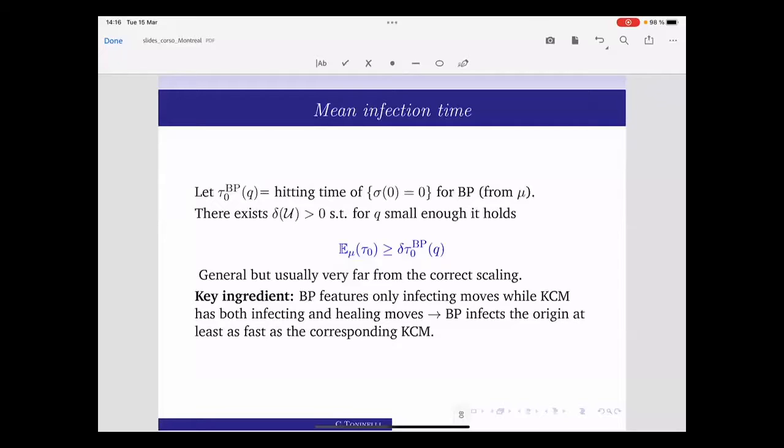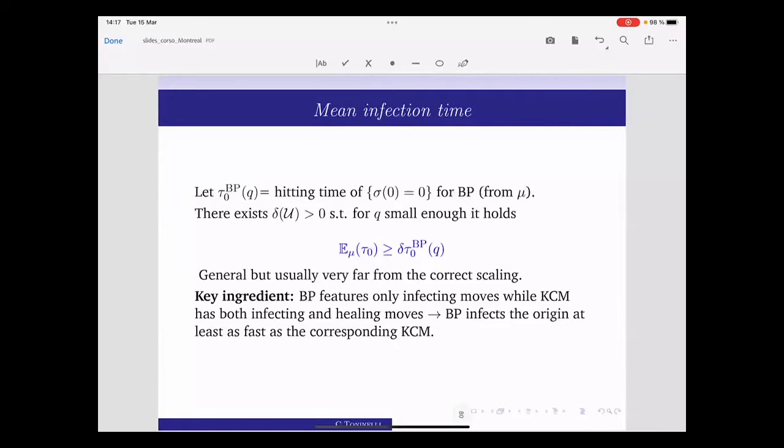So if I start from the same configuration for the stochastic KCM dynamics and for the bootstrap dynamics, the bootstrap will follow the most direct path, which is going to infect the origin. Of course, there is the difference between continuous time and discrete time dynamics of the bootstrap, and the fact that the bootstrap occurs in parallel, hence this delta, which depends on the choice of the constraints, but it's very easy to establish this inequality.